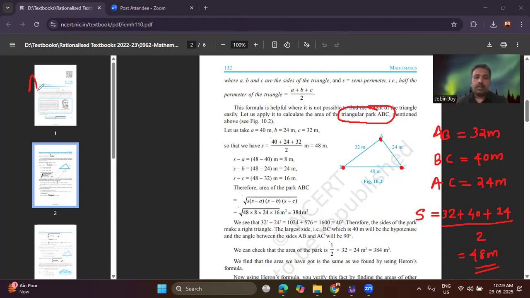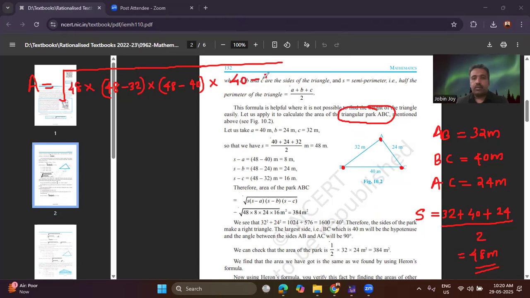Then write the equation: area equals square root of S into S minus A into S minus B into S minus C. That is 48 into (48 minus 32, that is 16) into (48 minus 40, that is 8) into (48 minus 24, that is 24).